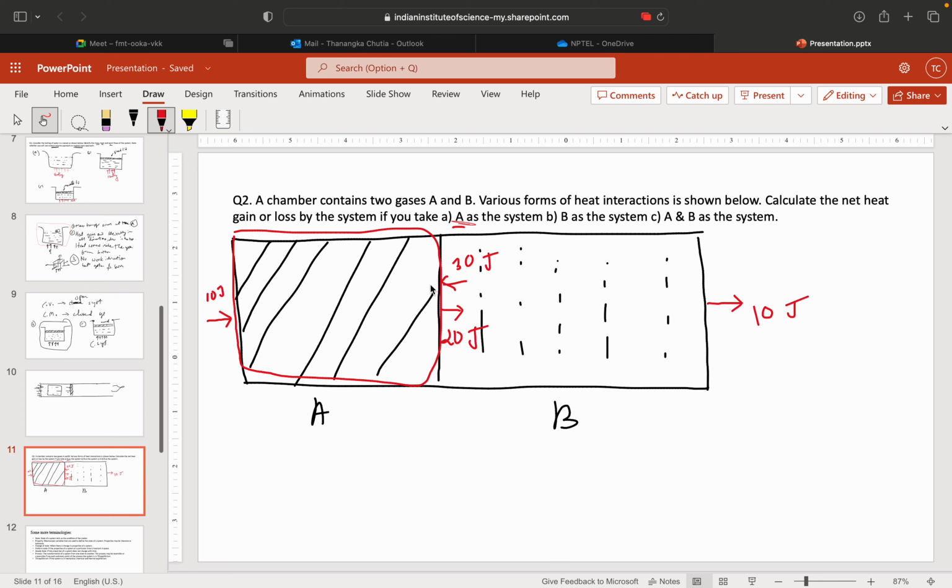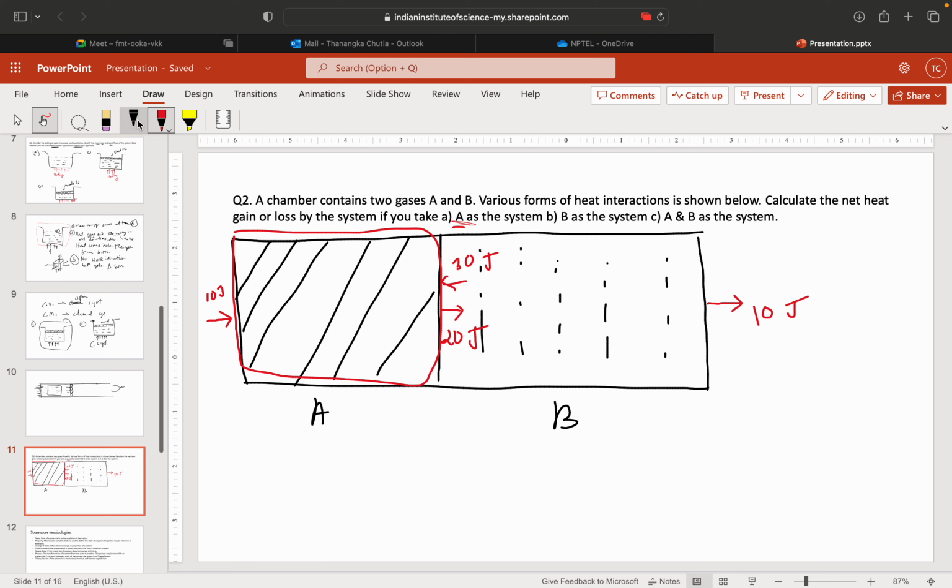Now, heat is a boundary phenomenon. So once again, we have to only worry about what is happening inside the boundary. Remember, if you are a BTech student giving examinations like GATE, these are the things you have to keep in mind. Heat is a boundary phenomenon.